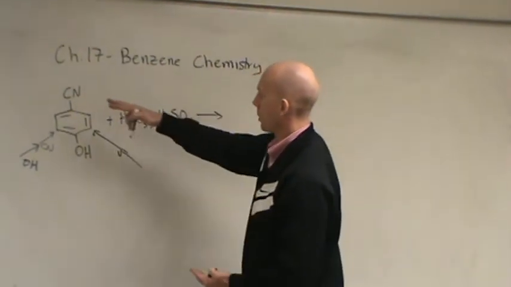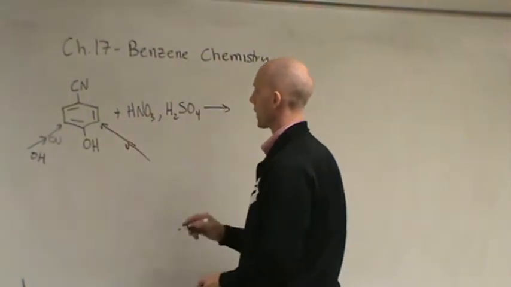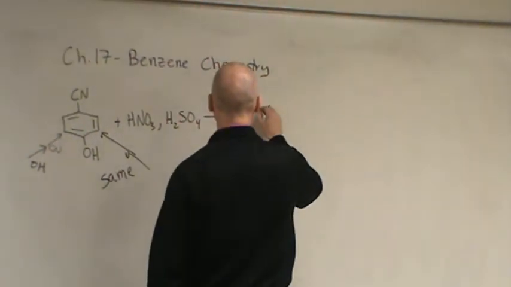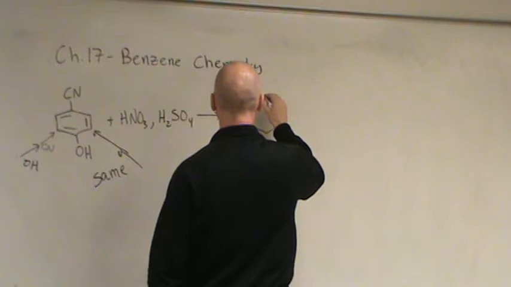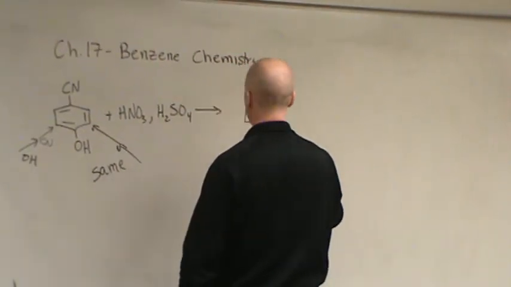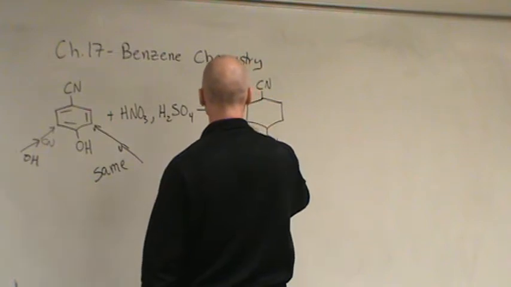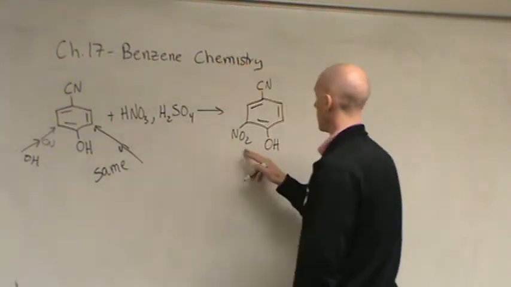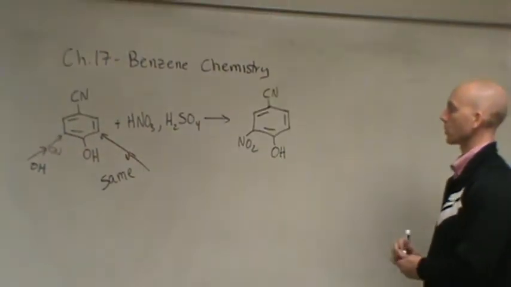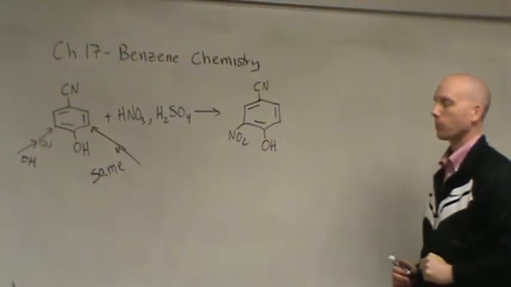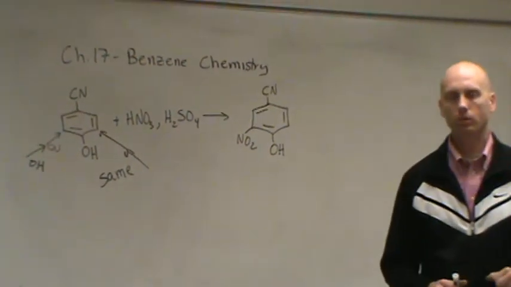So here, both of these are directing toward the same position, so that makes my final product very easy to draw. So I put my nitro group in either of the meta spots, as that will give me the same molecule.